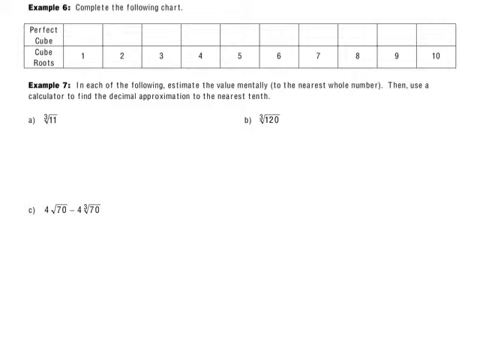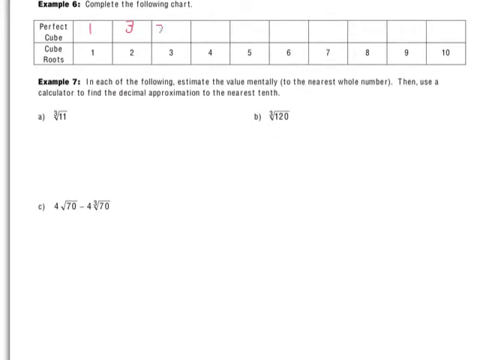So again, our perfect cubes. Okay, 1 cubed is 1, 2 cubed is 8, 3 cubed is 27, 4 cubed is 64, 5 cubed is 125, 6 cubed is 216, 7 cubed is 343, 8 cubed is 512, I think. 9 cubed is, what's 9 cubed?